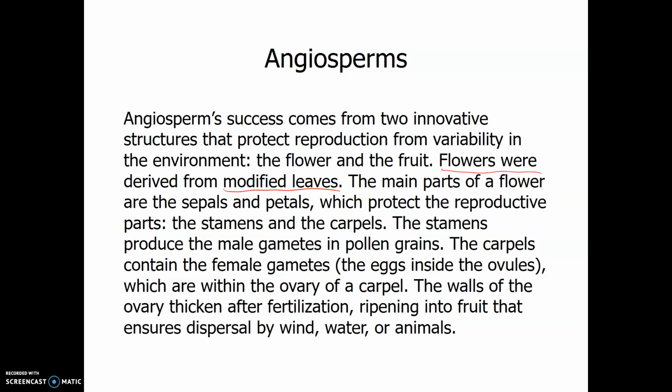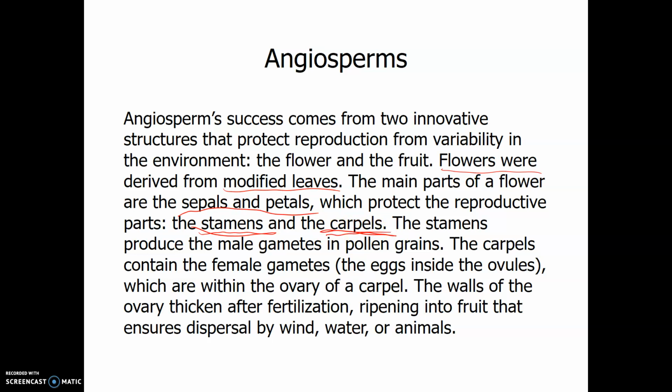The main parts are the sepals and the petals. The petals are the colored parts, and the sepals are the little green leaves that form the bud, and then they kind of wither away when the flower blooms. The sepals and the petals protect the reproductive structures: the stamens, which are the male reproductive structures, and the carpels, which are the female reproductive structures.